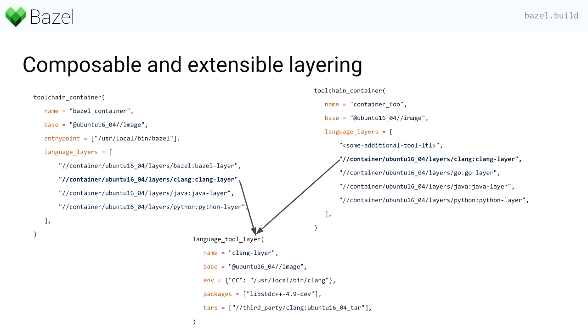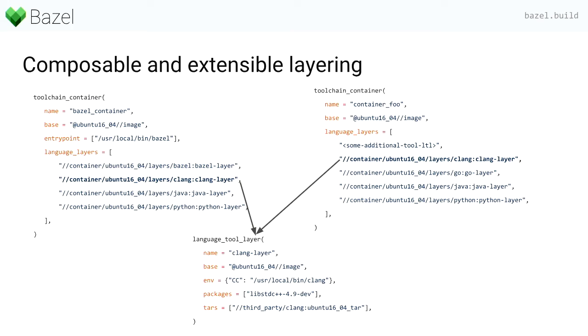In the language tool layer rule, you specify what packages to install, what environment variables to set for this layer, and some other files to add. In the toolchain container rule, you just specify a list of language tool layer targets. With this, you can easily create toolchain container targets by composing existing layer targets.